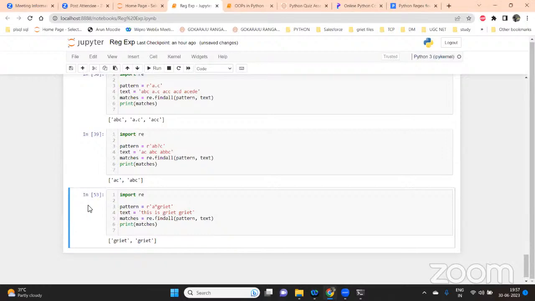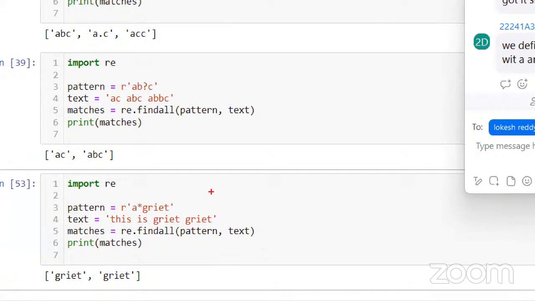So when you mention a pattern in the regular expression in brackets within single quotes, it has to match exactly. That is the meaning actually.